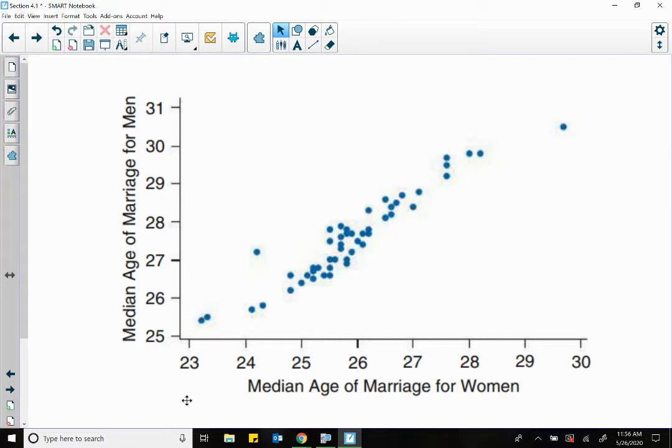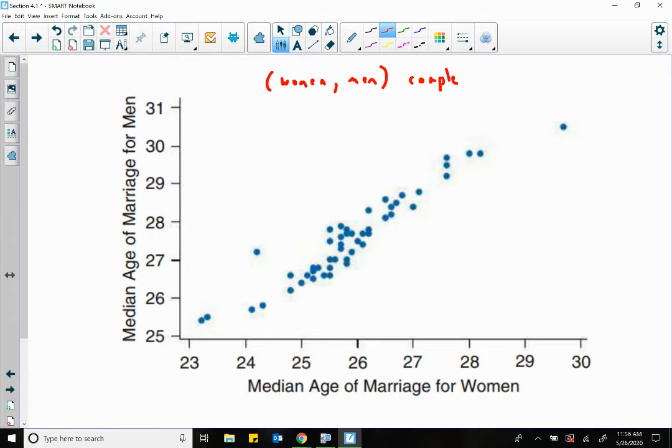That's how these points are all set up. It is the women, comma, the men. And each point is a couple, a married couple. So that's where all these points are.